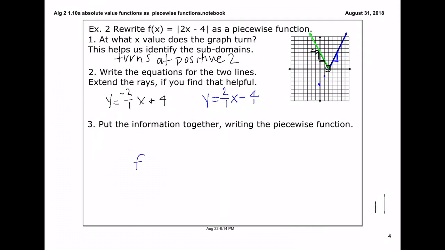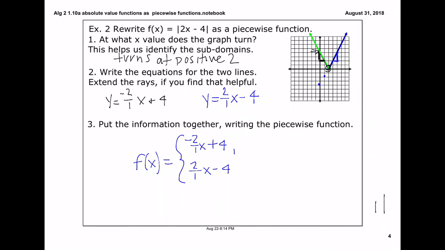We're going to use function notation, which represents y, and set that equal to this fancy little brace. Our first function was negative 2 over 1 x plus 4. Our second subfunction was positive 2 over 1 x minus 4, and then we want to set our subdomains.